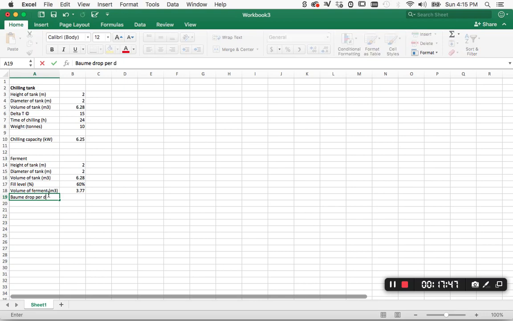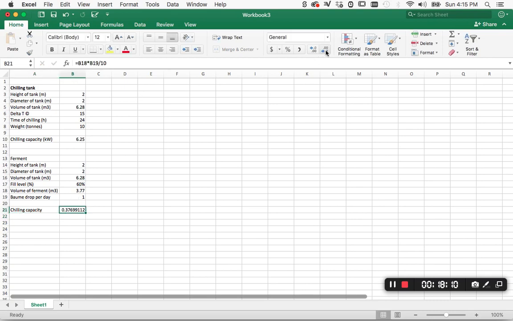See how methodical I'm being? Baumé drop per day is 1. So what I called it before, chilling capacity, equals kilolitres, which is the same as our cubic metres, multiplied by a Baumé drop per day divided by 10.